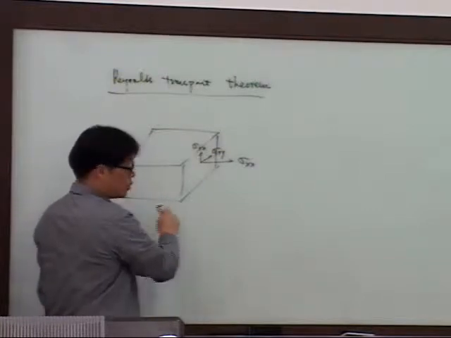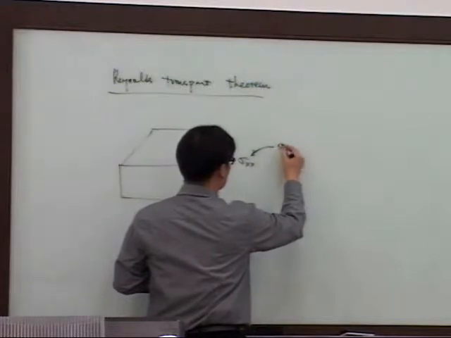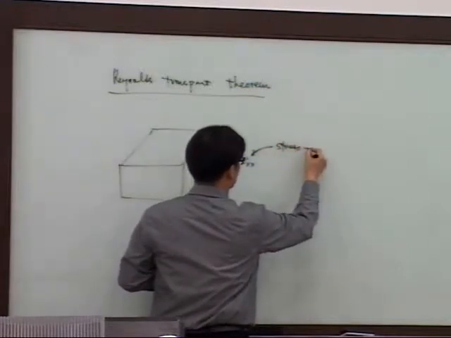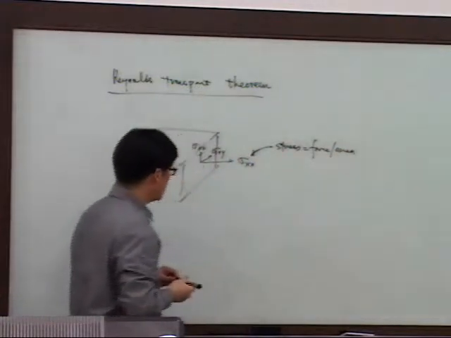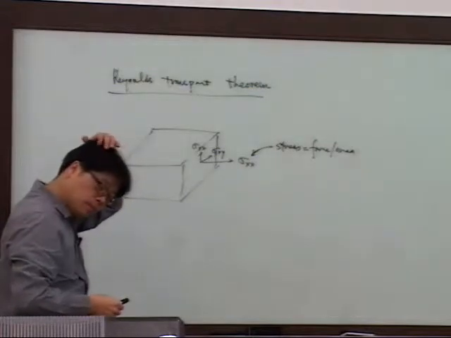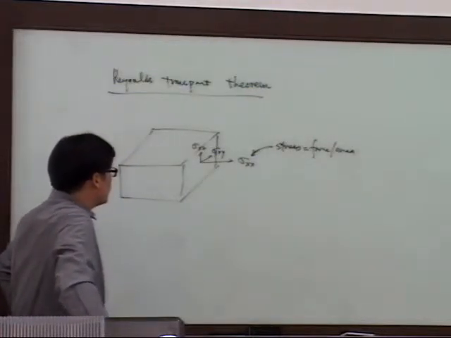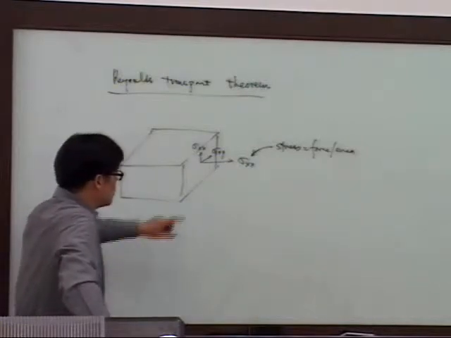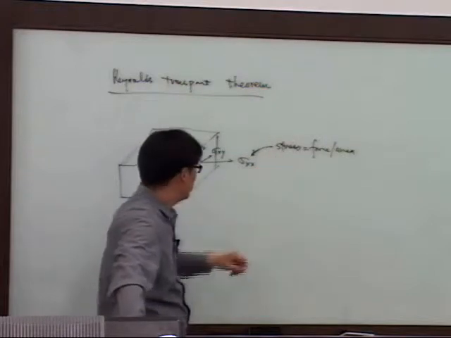Okay? So this is a stress. Instead of force, it's a stress, which is force divided by area. So to compute a force, what you need to do is multiply stress by area. Okay, that's what you have to do.